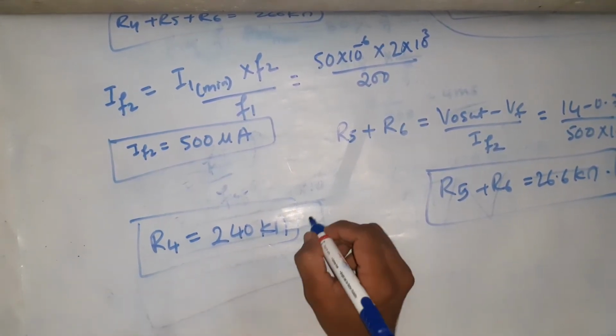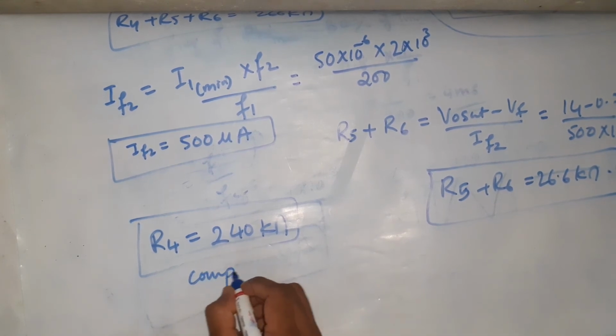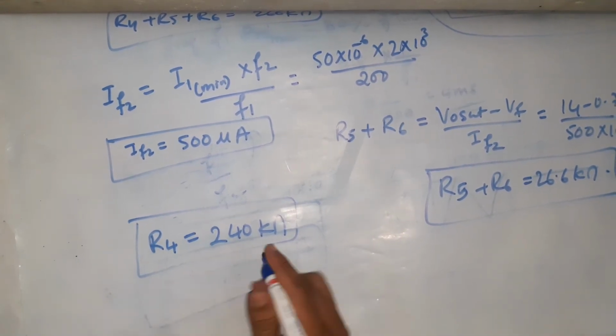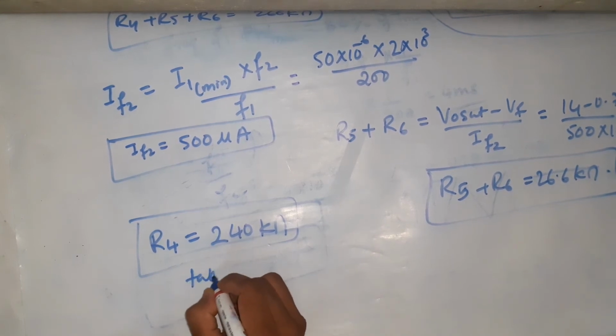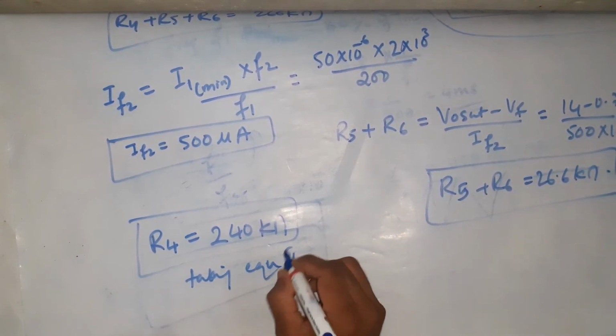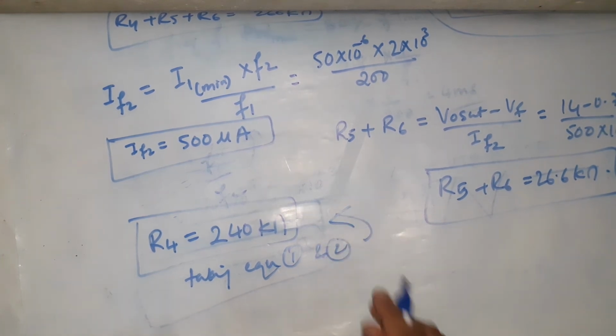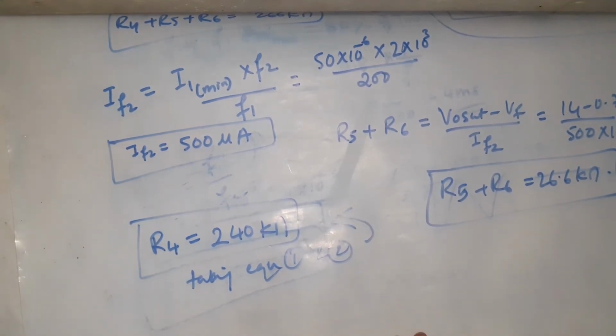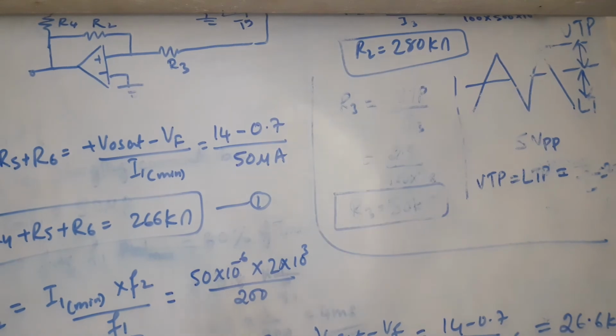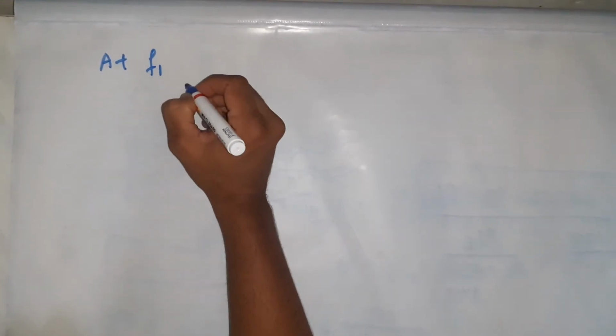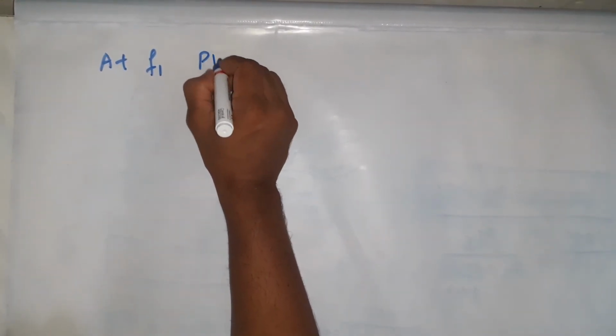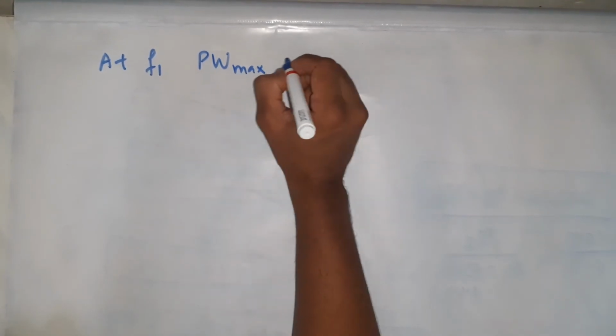This is by taking equations 1 and 2, and you will get R4. Now we require the pulse width to get R5 and R6. At frequency F1, we know that the pulse width will be maximum.